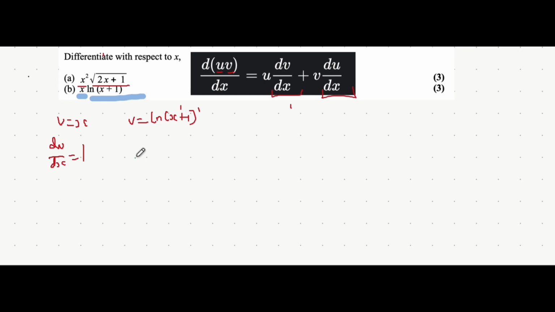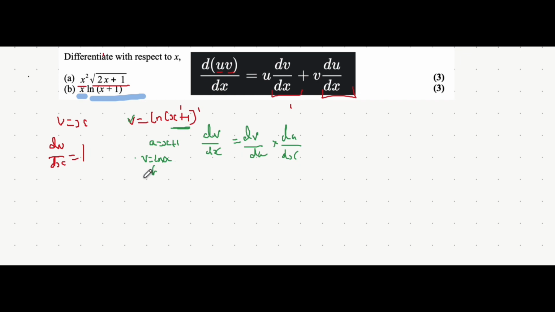Just in general, when you're using the chain rule, you want to replace the bracket with a single letter. So let a equal x plus 1, in which case v is equal to ln a. And then what we want to find is dv by dx, but we find that in terms of a. So we say it's equal to dv dA multiplied by dA dx. We can find dv by dA by differentiating this equation relating v and a.